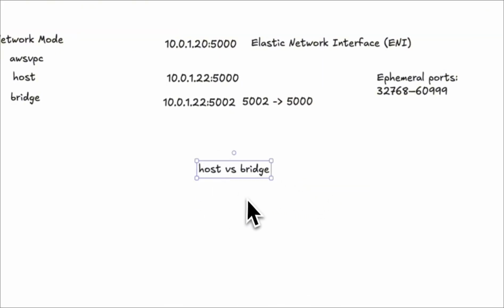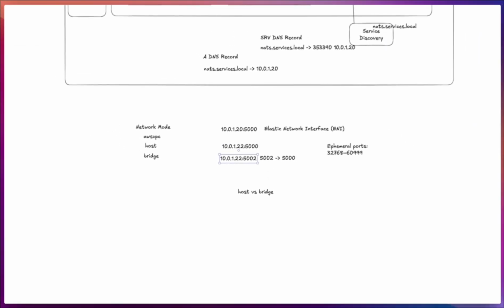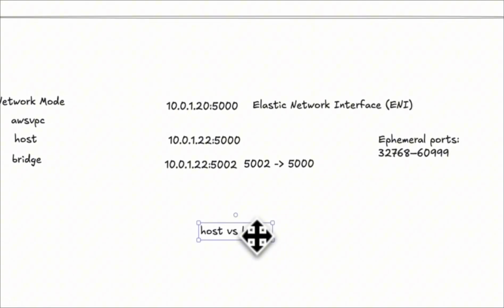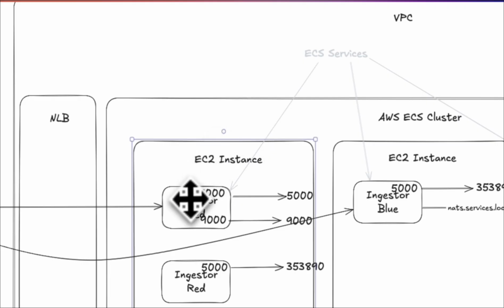Because in the host mode, the network of the container itself is integrated into the network of the EC2 instance. In bridge mode, containers have a separate network within Docker, and we're still doing the port mapping, even if mapping to the same ports, just because we have different networks. So the bridge mode has two networks: one is the EC2 instance network, and one is the container network, and they get mapped.